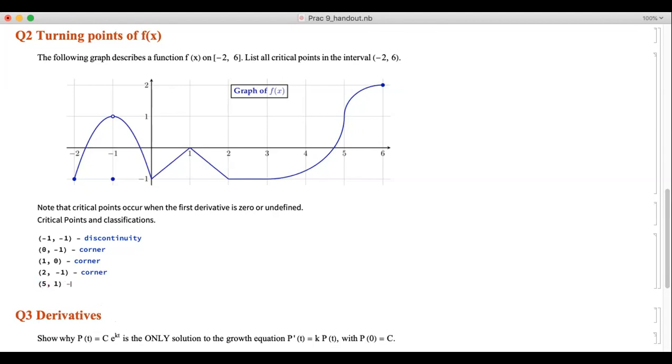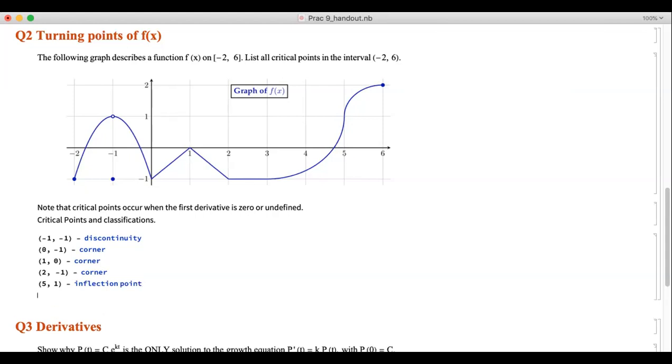Is the derivative defined or undefined? Undefined, okay. Why? The slope is vertical. I mean, the tangent is vertical. So it's undefined. It's a point of inflection. Okay. Anything else?